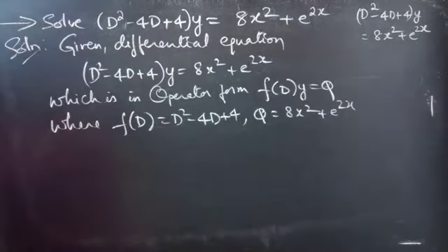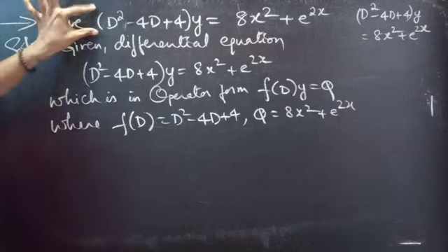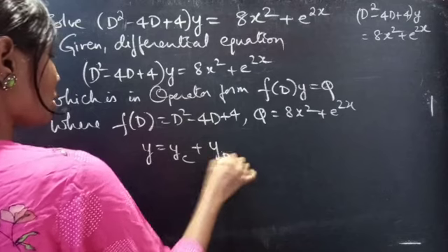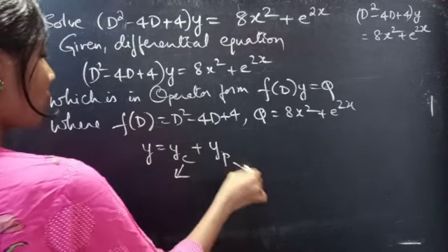Now let's find the general solution to the given equation, which is given by y equals yc plus yp. Here yc is the complementary function, yp is the particular integral.